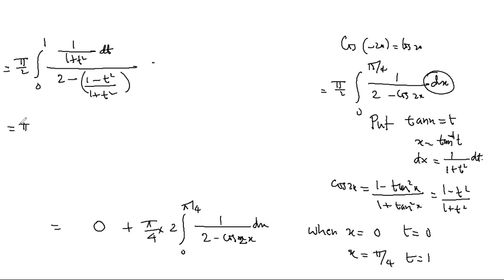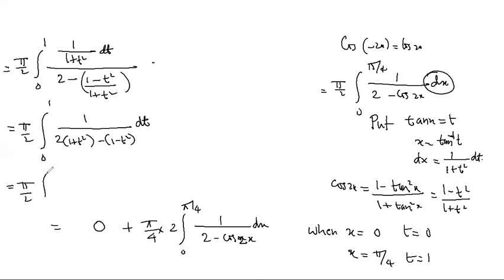When you take the LCM, 1 upon 2 into 1 plus t square minus 1 minus t square. So pi by 2 integral 0 to 1, 1 upon 2 plus 2t square minus 1 plus t square, which is 1 upon 1 plus 3t square. 2 minus 1 is 1. I hope you understood this.